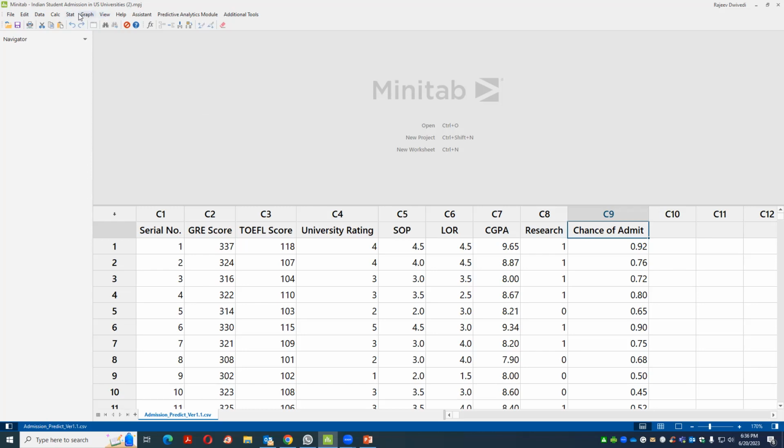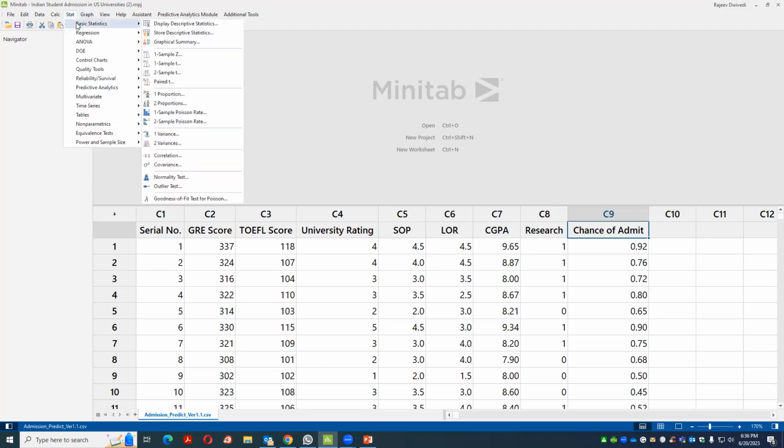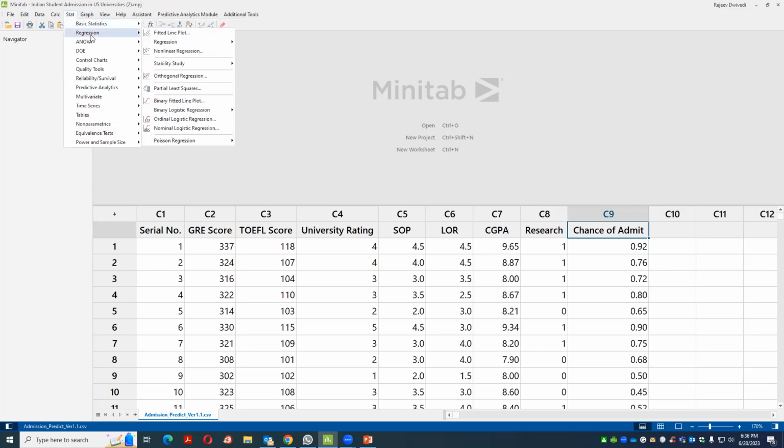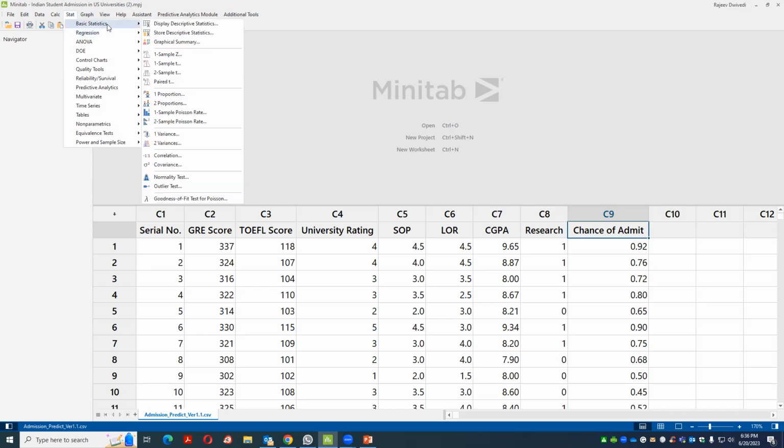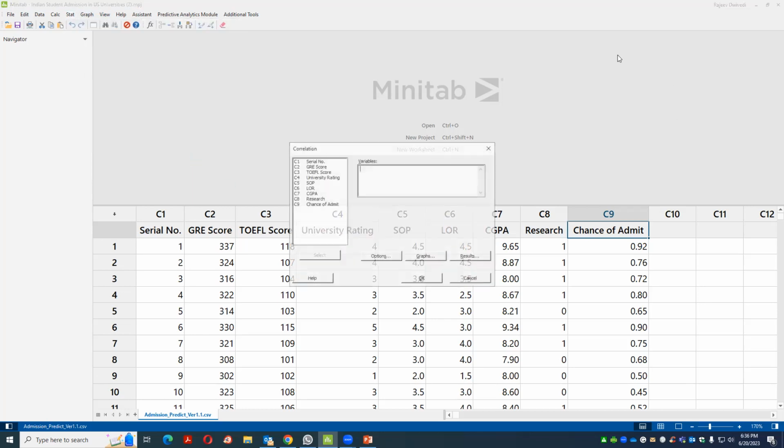So let's do it for only two. I go under Statistics, and here we have Regression. Before regression, we need to do a correlation. There is an option under Basic Statistics, Correlation. Now I choose the two variables to do the correlation, let's say chance of admission and GRE score.